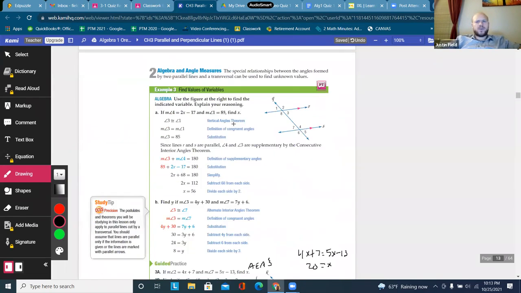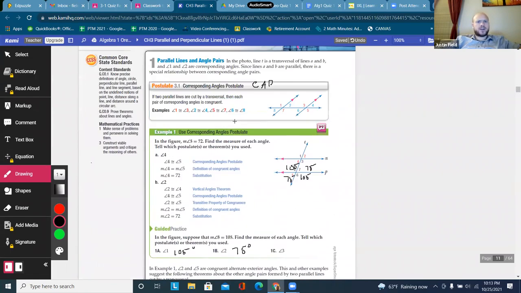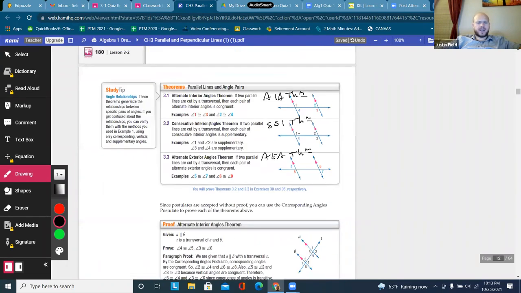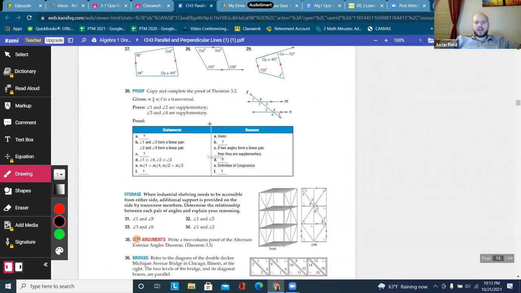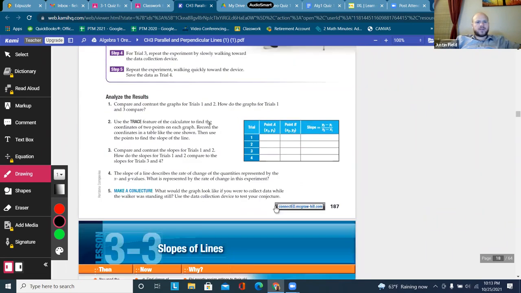Okay, and if you're not, then you need to start making a theorem sheet and postulate sheet. I said that before, but you've got to know all the definitions, postulates, and theorems, or you're just going to give yourself a hard time.